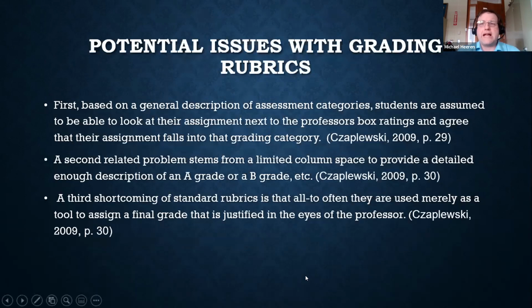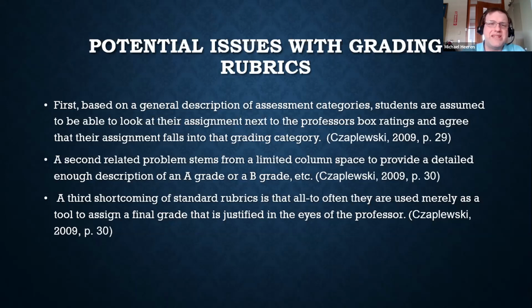All righty. Now, I'm not going to say that rubrics are the be-all and end-all of grading. There are some things that can happen when you have rubrics. First of all, it's based on a general description of an assessment category.